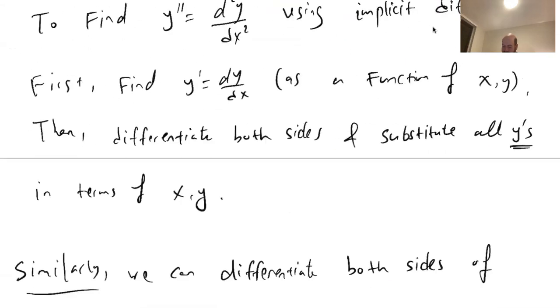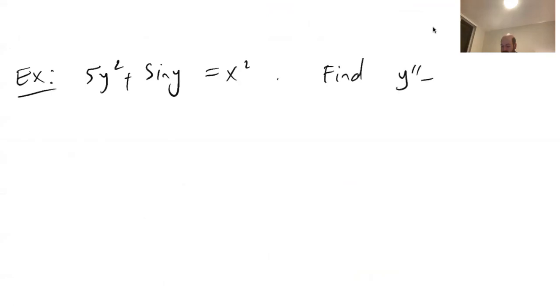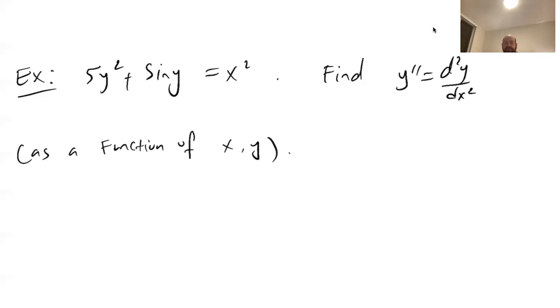Find y double prime equals d squared y over dx squared as a function of x and y. Maybe the exam says to find it as a function of x and y, but maybe it doesn't. Even if it doesn't, your job still is to find y double prime as a function of x and y.